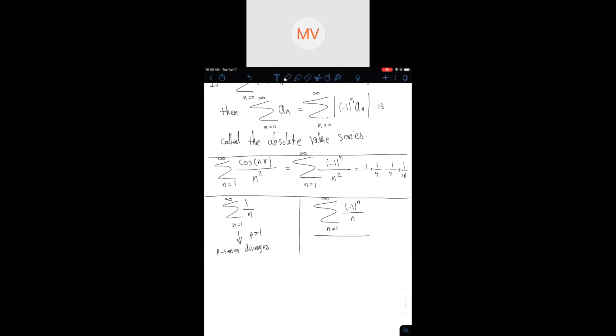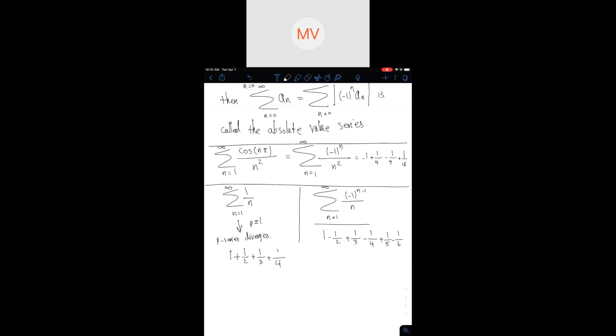When you alternately subtract terms from this one, it converges, right? On the left one, you keep adding values. Here, you start with 1. Let's make this -1 so we can start with the positive. So it's 1 minus half. Then you add 1/3, but you subtract 1/4. You add 1/5, you subtract 1/6, and so on. And then it converges.